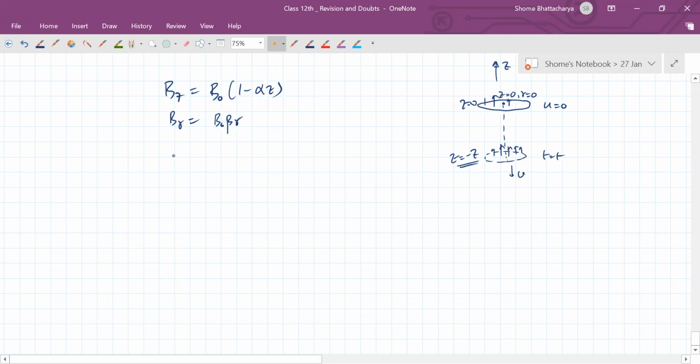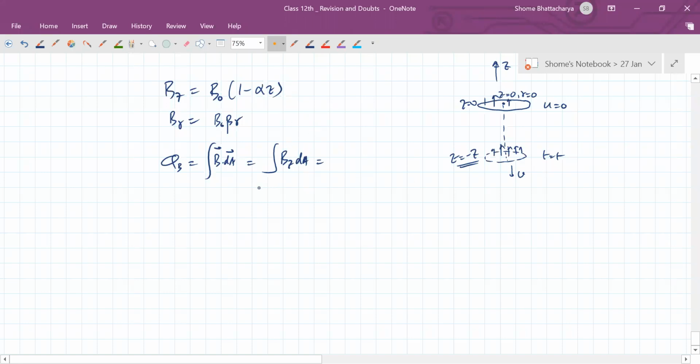So anyway, the magnetic flux is going to be this B dot dA integration. But when you do this integration, you will be left with the Z component of field integrated over the area vector. And the Z component of field is not varying with the radial direction.